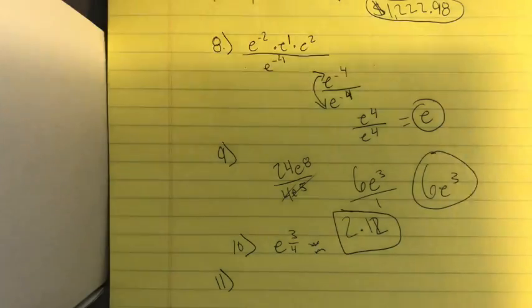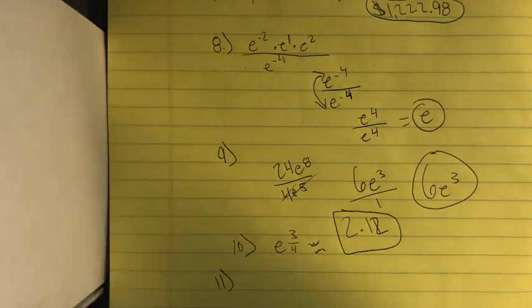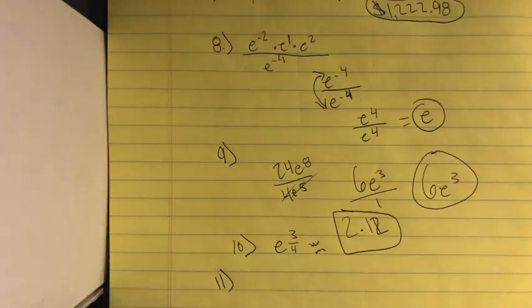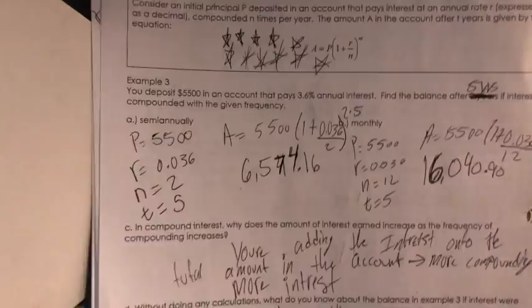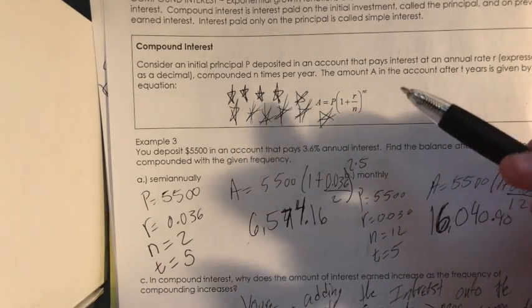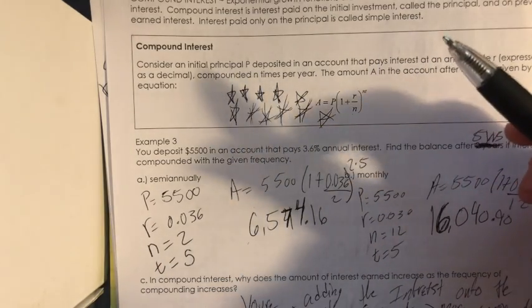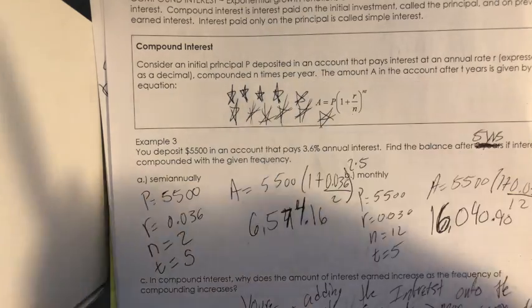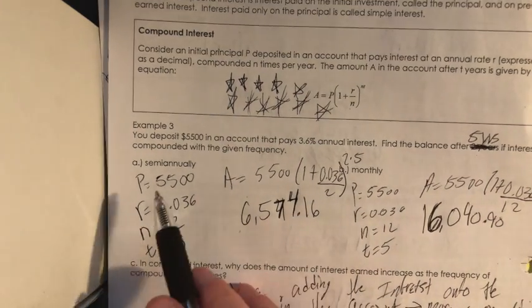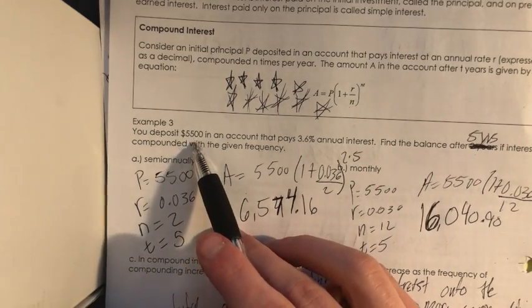So we get rid of our graph paper. Put our TI Inspire off to the side for a sec. And our equation is right here where I put the stars. A equals P times 1 plus R over N, raised to N times T. I know that sounds confusing, but it's not. P is the money you deposit.